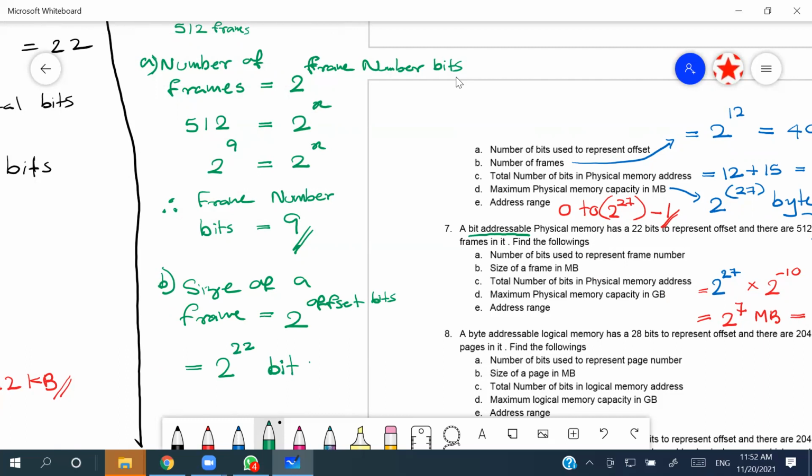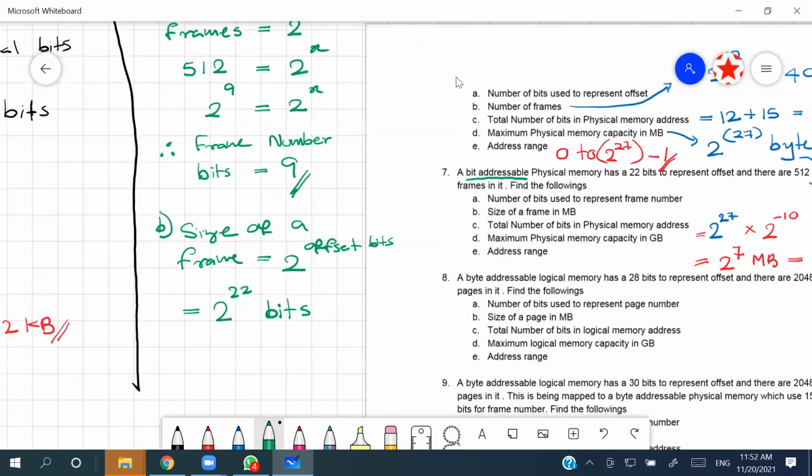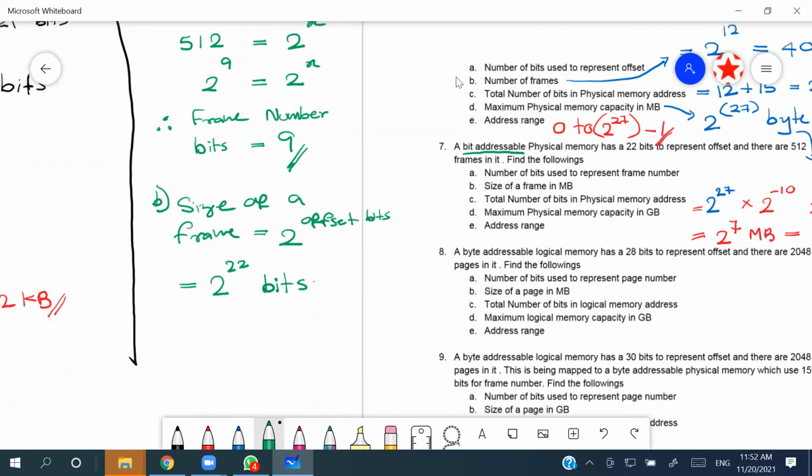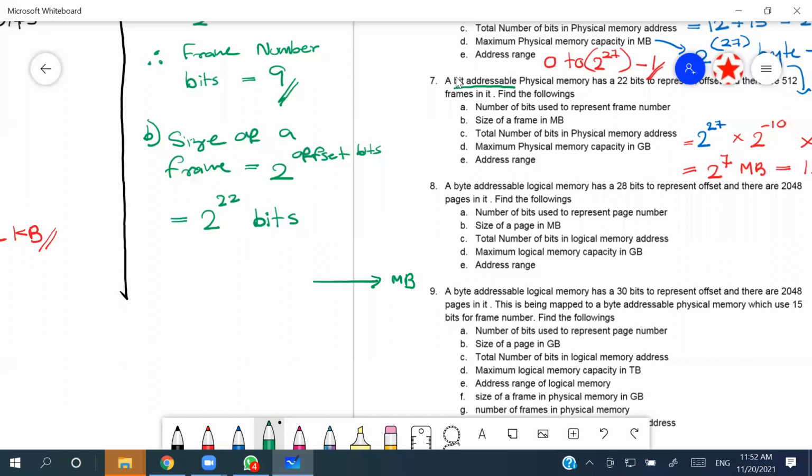Now the capacity comes out in bits, but it is asking how big the frame is in megabytes, so we have to convert bits into megabytes. The journey is bits become bytes, bytes become kilobytes, and kilobytes become megabytes.